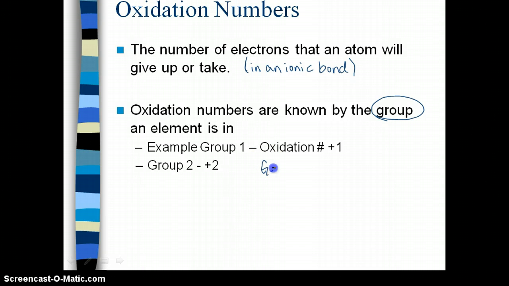So, some general rules. If they have 1 through 4 outer electrons, the atom will give these away.